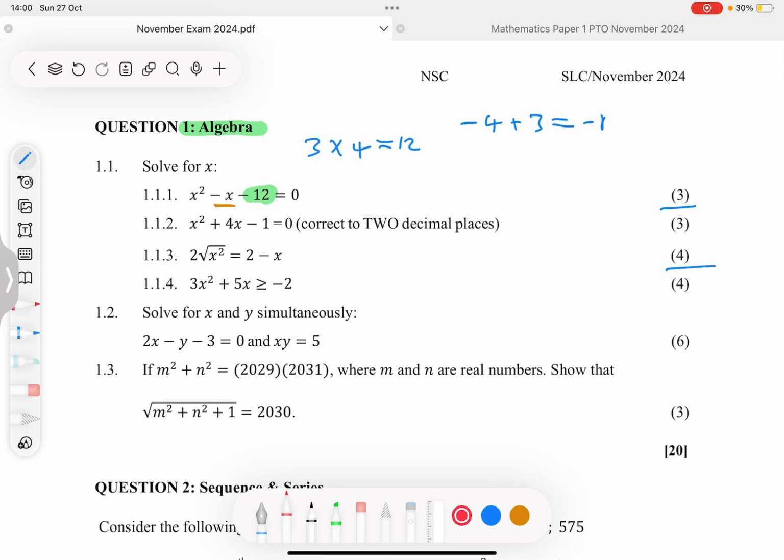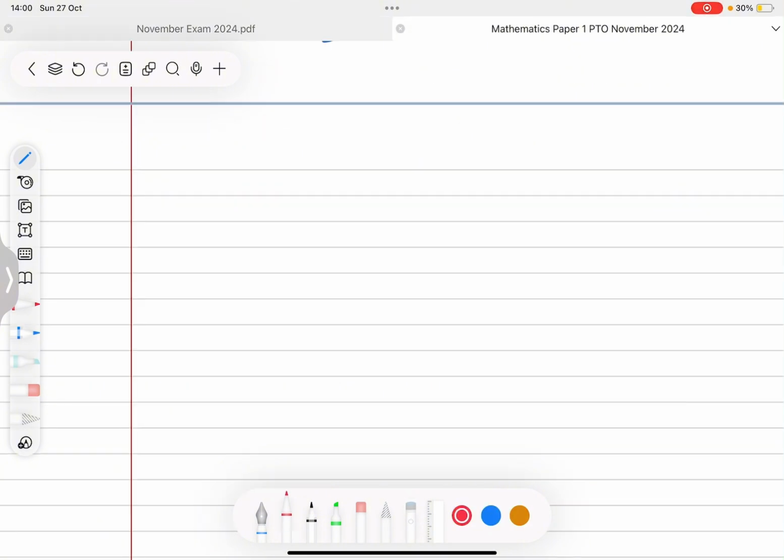The next question is on inequalities, it is 1.1.4. This one here. We are given here in 1.1.4 that we have 3x squared plus 5x is greater than -2.